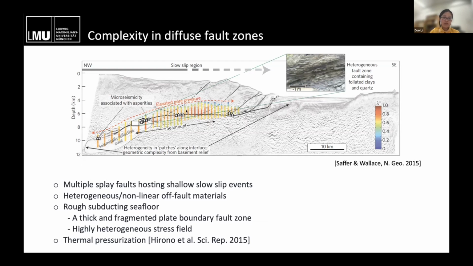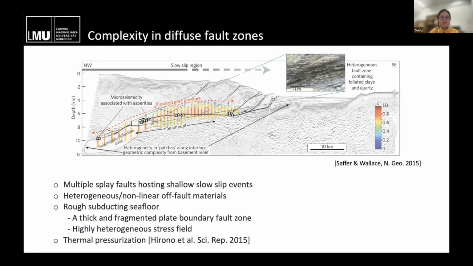Also, thermal pressurization, which changes the pore fluid pressure and temperature, is a candidate fault weakening mechanism to explain the shallower rupture of the earthquake.